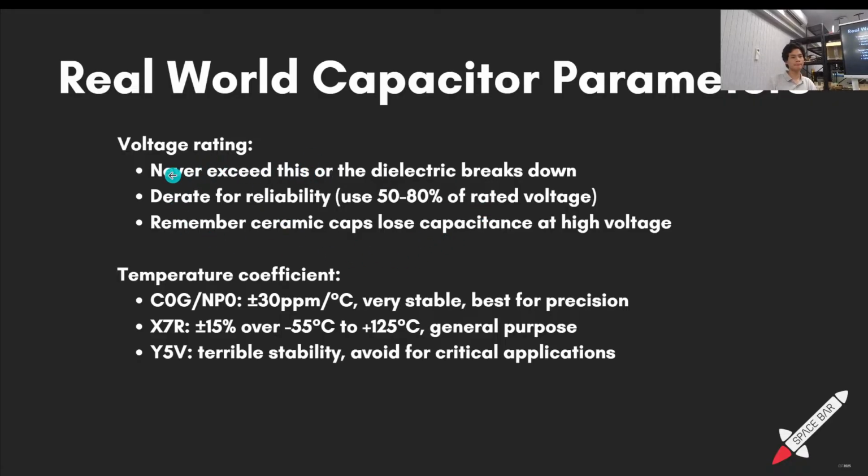You don't push the capacitor all the way to its rated voltage, because especially for ceramic capacitors, they will lose capacitance at high voltage, and sometimes your voltage spikes beyond what you intended and the capacitor blows up. So don't do that. We'll talk more about this later, but just don't use it all the way to the maximum voltage rating. I could be wrong about the details of why the voltage rating exists, but for circuit designers, we don't really care why it exists, we just want to use it.